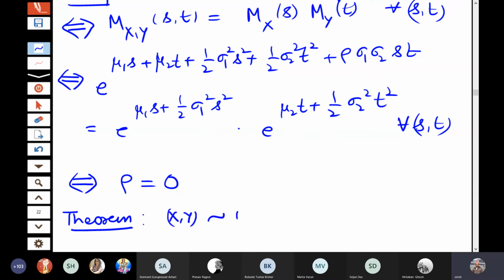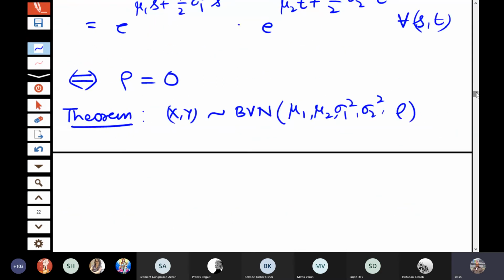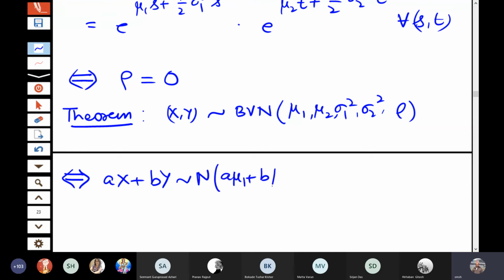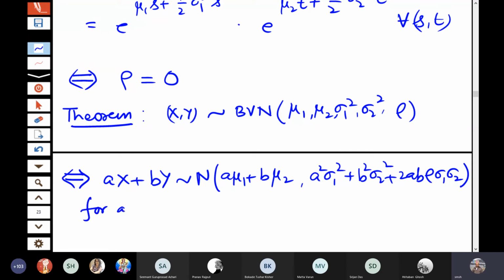X, y follow bivariate normal distribution with parameters if and only if ax plus by follow normal a mu1 plus b mu2, a square sigma 1 square plus b square sigma 2 square plus twice ab rho sigma 1 sigma 2 for all real a and b.